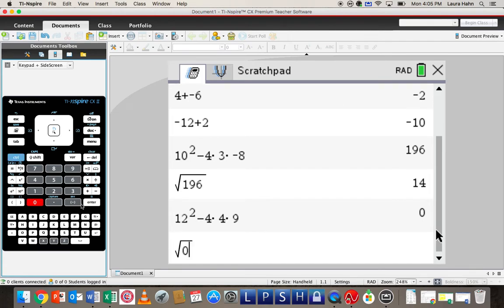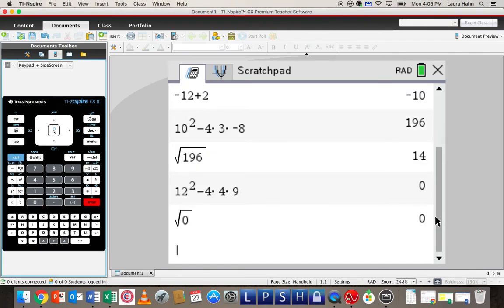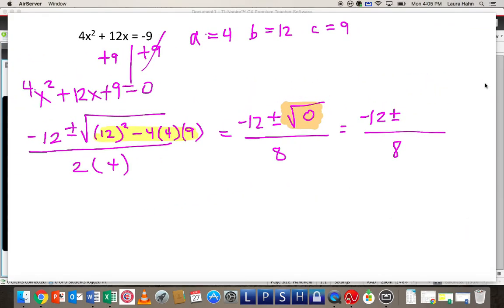The square root of 0 is 0. Well, 0 is a very pretty number. So the square root of 0 simplifies to 0. All right, so it's simplified nice and pretty for us. We like that. All right, but to find our solutions, I have to do the numerator with addition. So I'm going to add these numbers before I divide by 8, and then I'm going to subtract before I divide by 8.